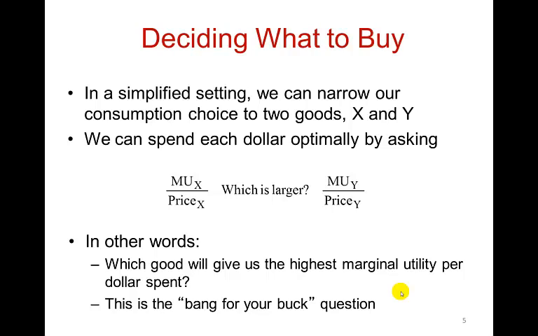So why should consumers do that? Well, the marginal utility you can think of as bang. If I consume one more unit of good X or good Y, how much will that unit of X or Y increase my happiness? That's marginal utility. The buck is the price. How much do I have to pay? So whichever one of those goods gives me a higher bang for my buck, that's the one that I should consume more of.